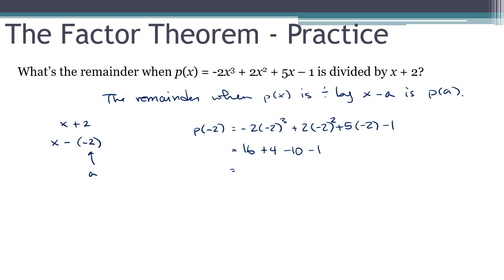And you see, now I got to double check. Negative 2 to the third, negative 2 squared, negative 2, negative 8 times 2 is plus 16. So this should be plus 8 minus 10. There we go. 16 and 8 is 24, minus 10 is 14, minus 1 is 13. And there's my answer. The remainder is 13.